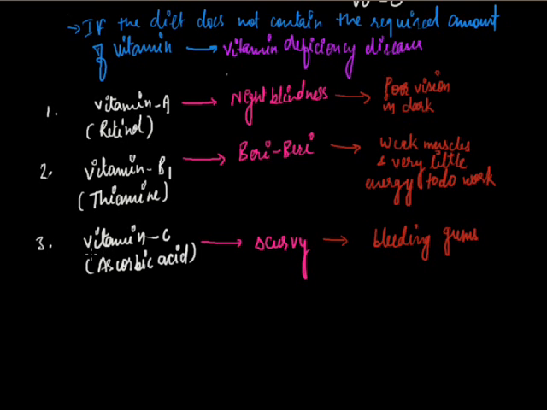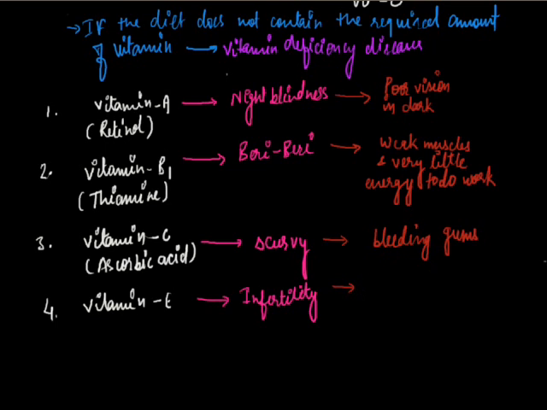Next is vitamin E. The deficiency disorder of vitamin E is infertility, and the symptom of infertility is low production of sperm or ova.